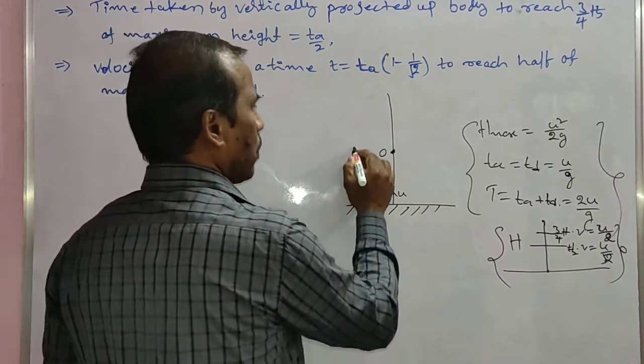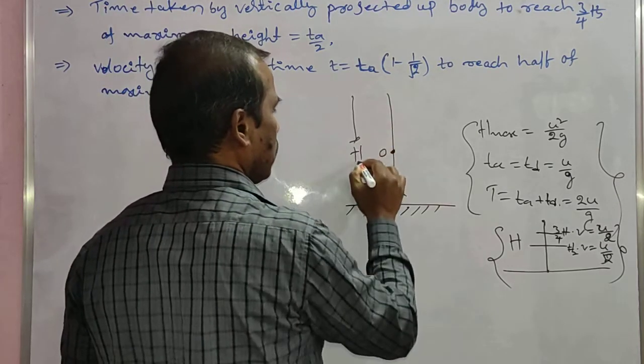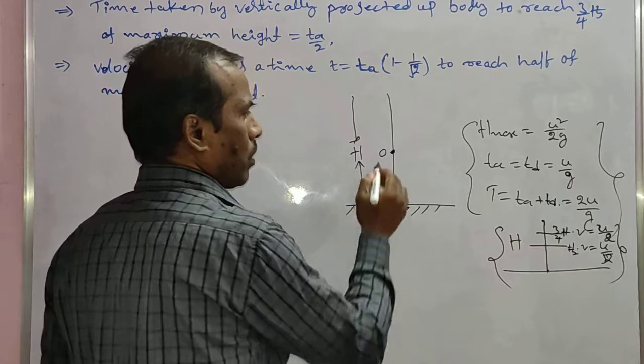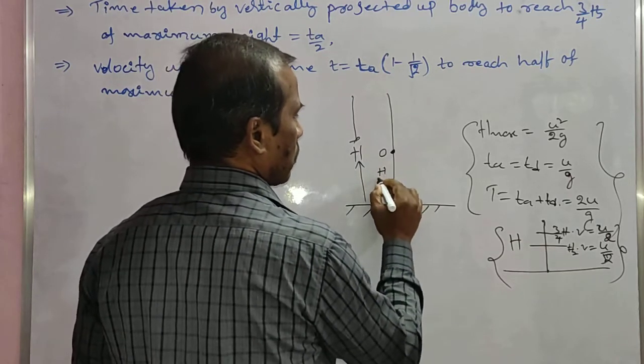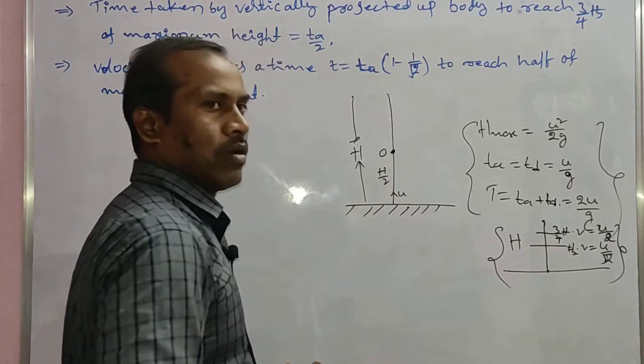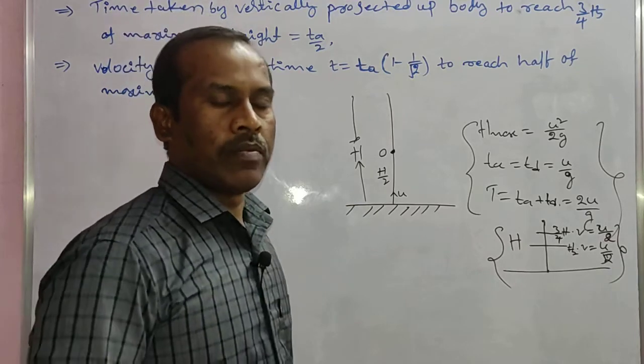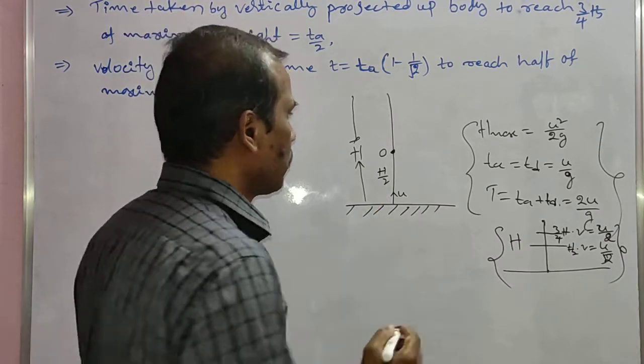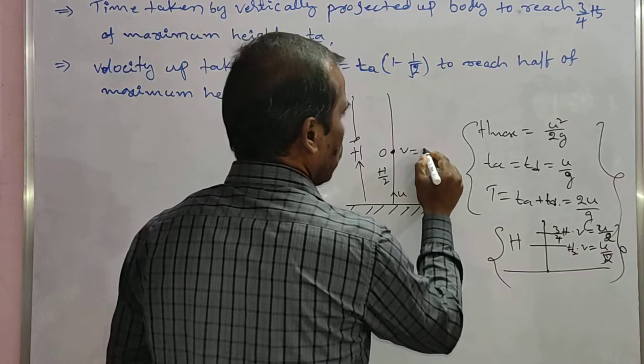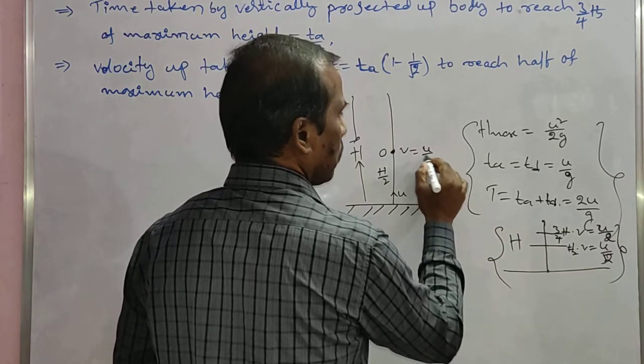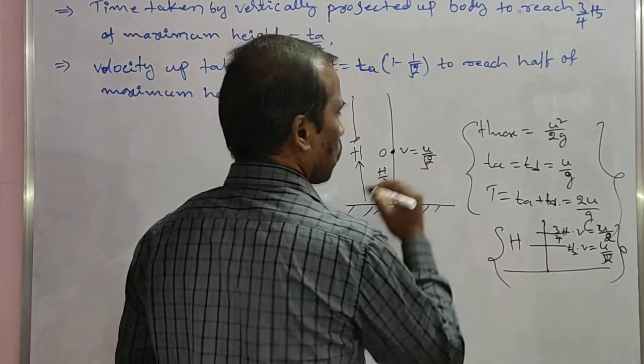So the total height here is h, and half of the maximum height is h by 2. The velocity of the projected body at point O is v equal to u by root 2.